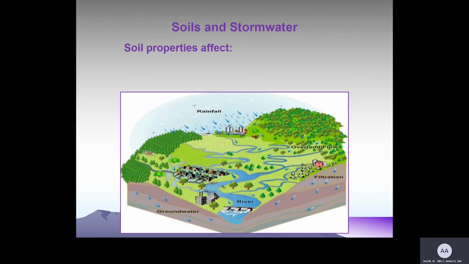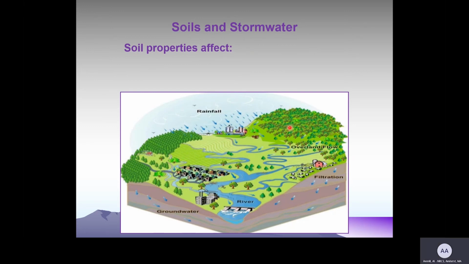This is just an example of, within a watershed, broader land use planning. This depicts a dairy farm with animals creating a lot of manure. You've got individual homes here with septic systems.